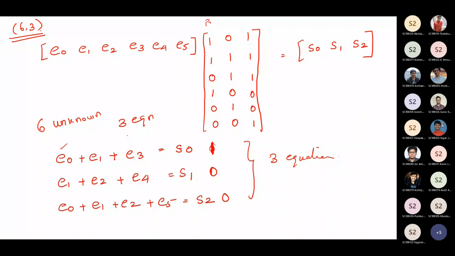It means how many solutions can we have? We can have 2 power 3 solutions for a single syndrome vector. So how to pick the error vector from these 2 power 3 solutions? Minimum Hamming distance, minimum.